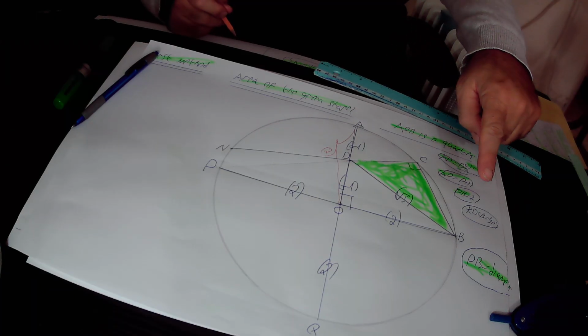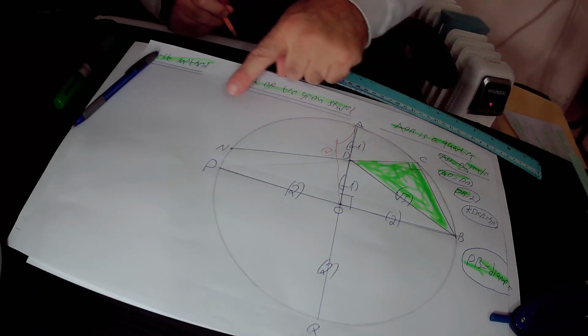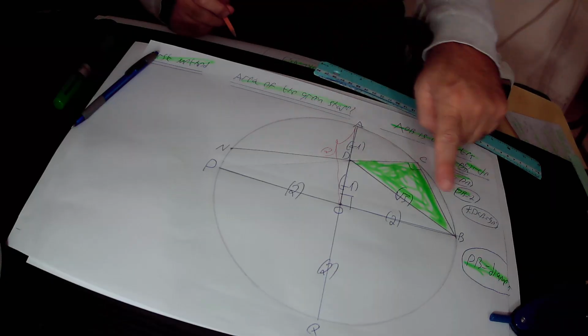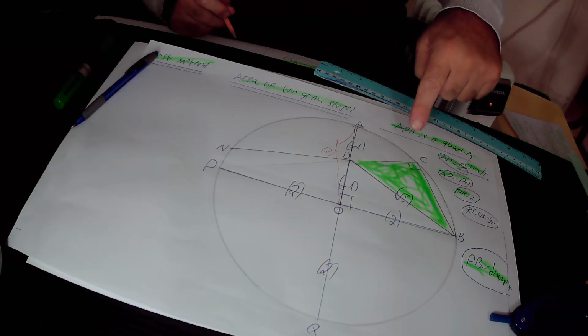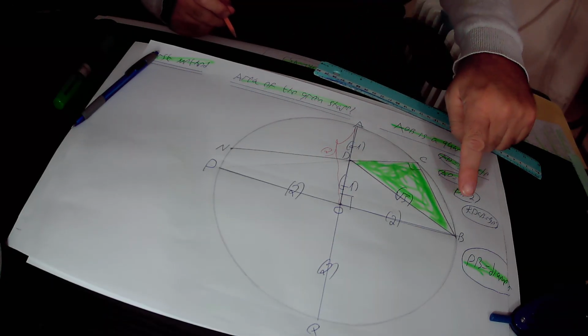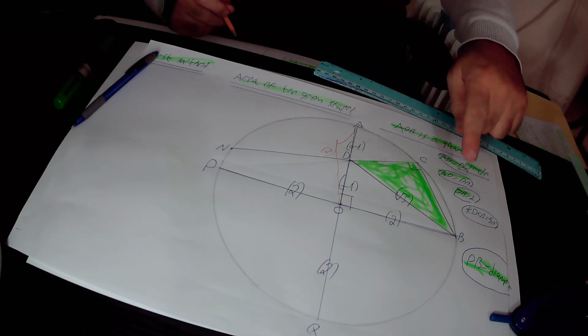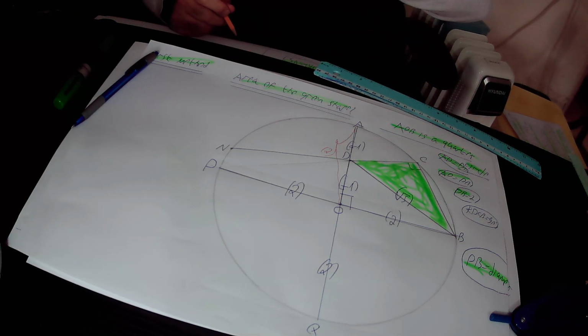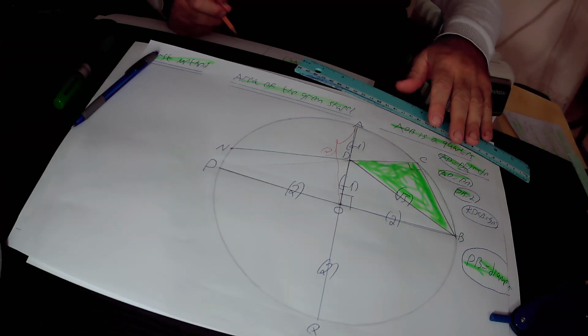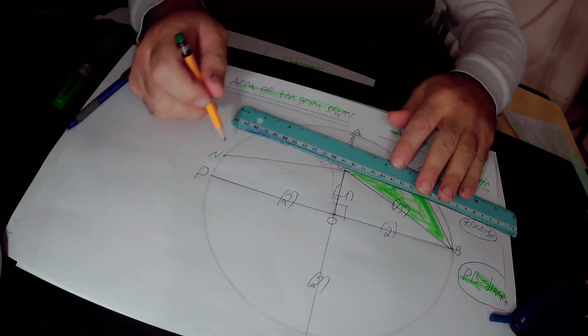But peripheral angle BCN subtends chord BN. Again, peripheral angle BCN, which equals 90 degrees inside, subtends chord BN. Chord BN is definitely not the diameter of the circle.